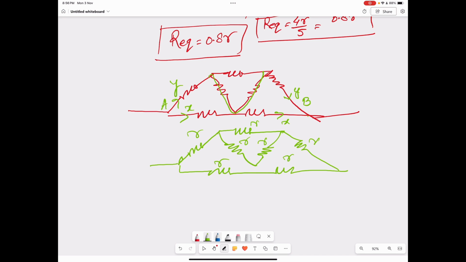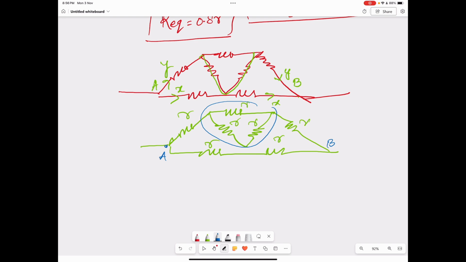So we see here that these three are connected, and two are connected in series. Now I will use the formula of series and parallel resistance. So this combination, and they are connected in series. I will write for the first limb: R plus 2R into R divided by 3R.